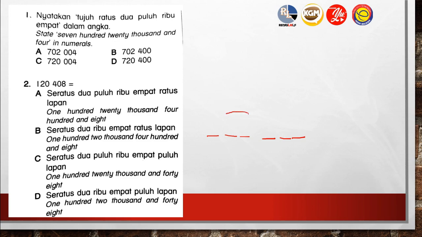This is the group of 1,000, so we settle the group of 1,000 first. 720,000 and 4, so put 4 at the place value of ones. Then the other two place values are definitely going to be 0. So the answer is 720,004. The answer is C.